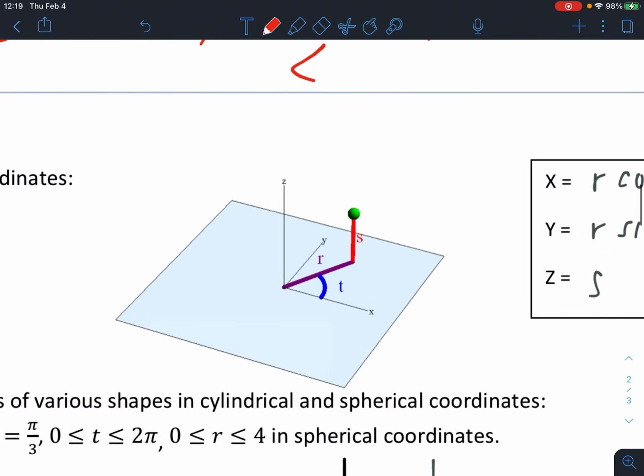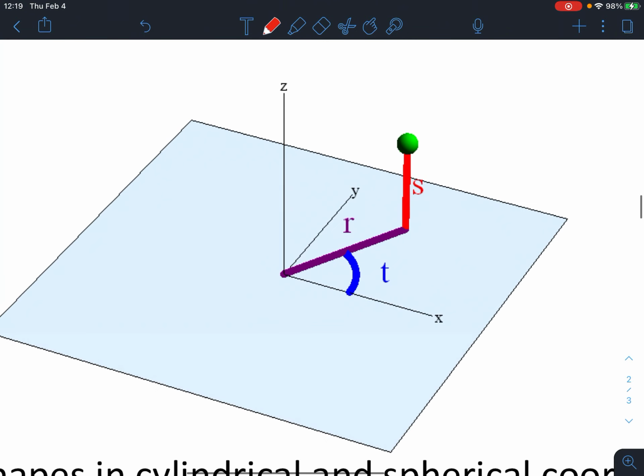So now I'm going to take a look at cylindrical coordinates. Here's a picture of cylindrical coordinates. This one might be a little bit easier to visualize. R is just the distance on the xy plane from the origin to the point directly below or above the point. S is our vertical distance, so basically it's our z coordinate.